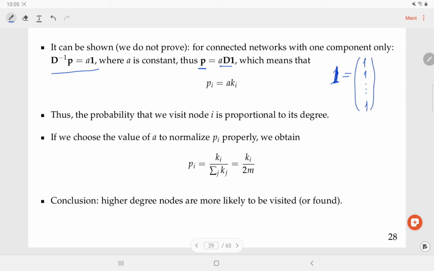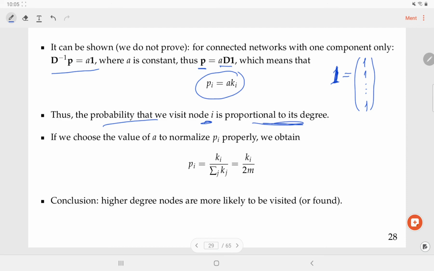This goes down to the fact that P sub i is equal to a constant times the degree of the node. So the conclusion is that the probability that we visit a node i is proportional to its degree.